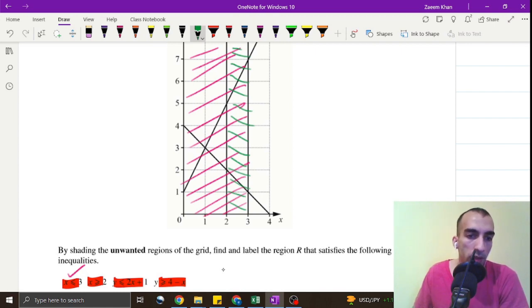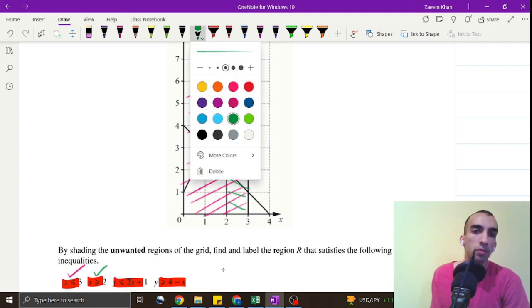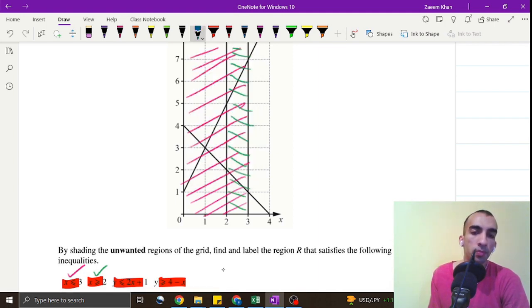The next one says y is less than or equal to 2x plus 1. How would you know which line they're talking about? Well, are you referring to this line?